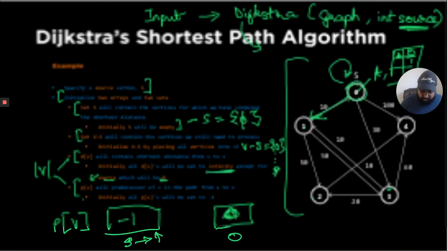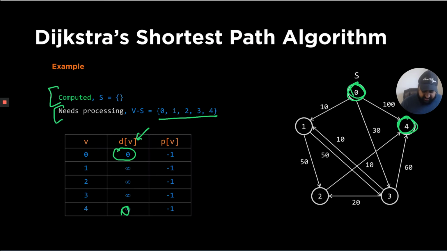Now, one thing to note is this data structure is actually our answer, which is dv and pv at the end of the algorithm. Whatever values this algorithm gives us back is in the form of dv and pv. What dv means is the shortest path required to reach from 0 to 2, or from 0 to 1, from 0 to 3, and so on. So at the end of the algorithm, all the correct answers will be in this particular table.